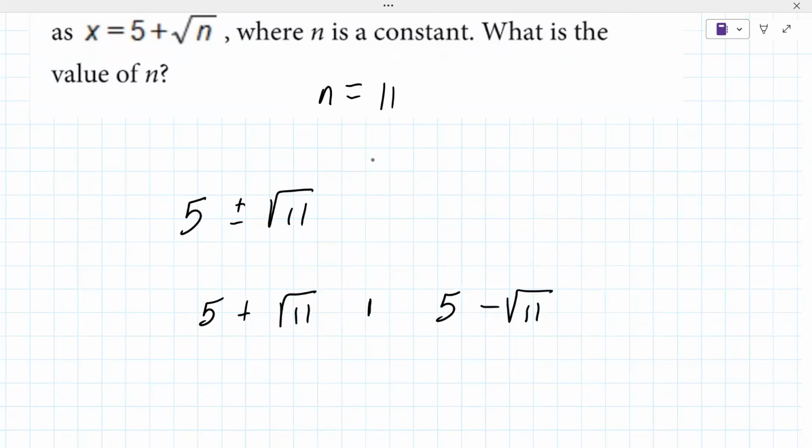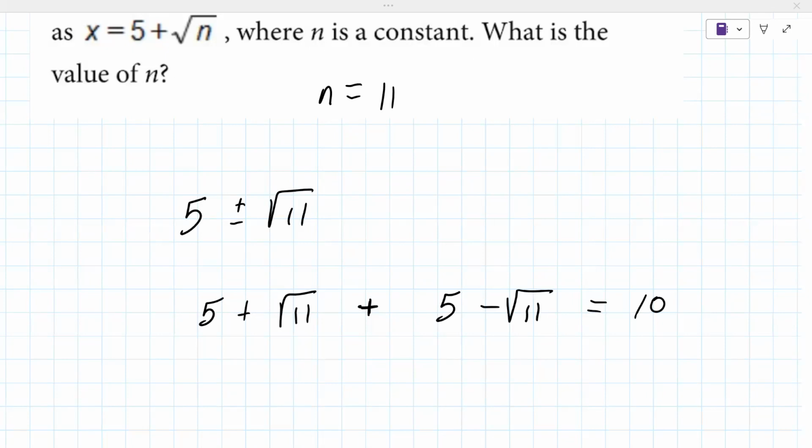Now, let's say we added these together. What do you notice about the result of adding these solutions together? It equals 10. So what happened to the root part? It cancels out. It does.